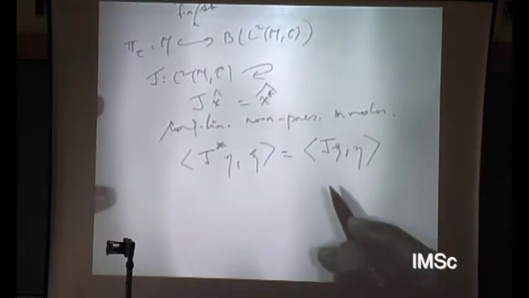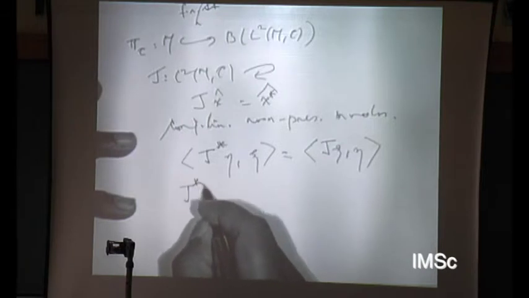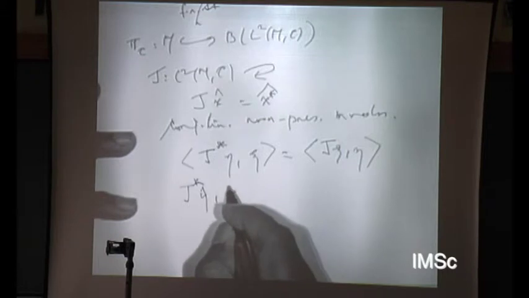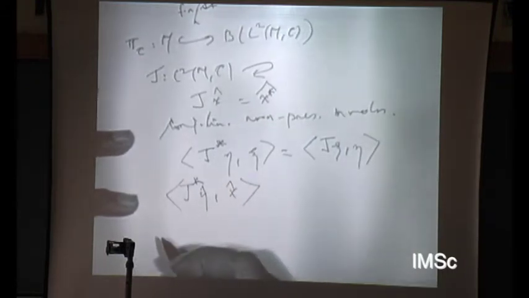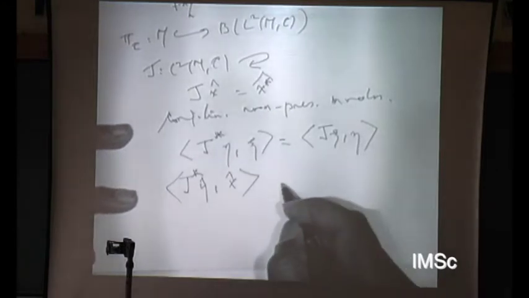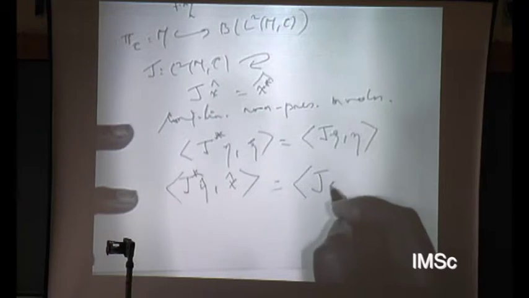Now, in particular, if you look at the inner product of J star y hat with x hat, then that is going to be equal to the inner product of J x hat with y hat.